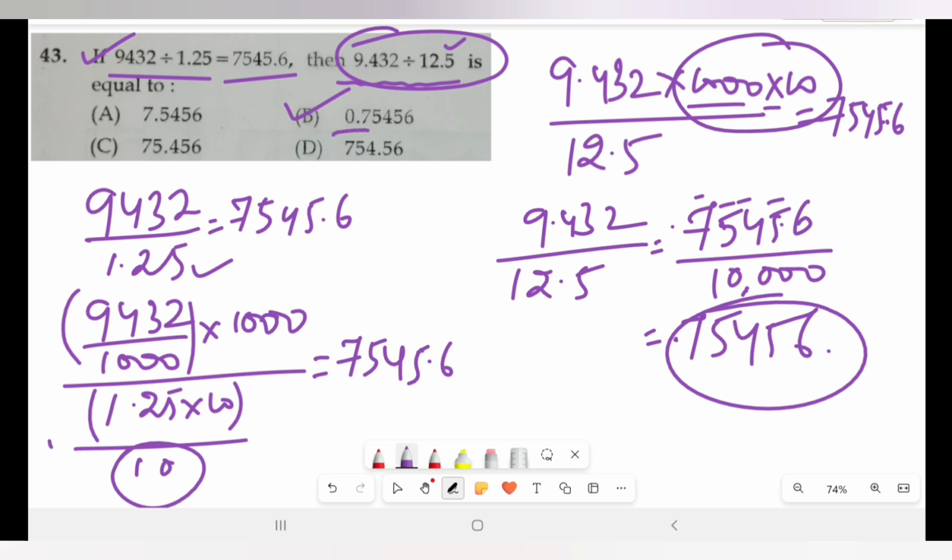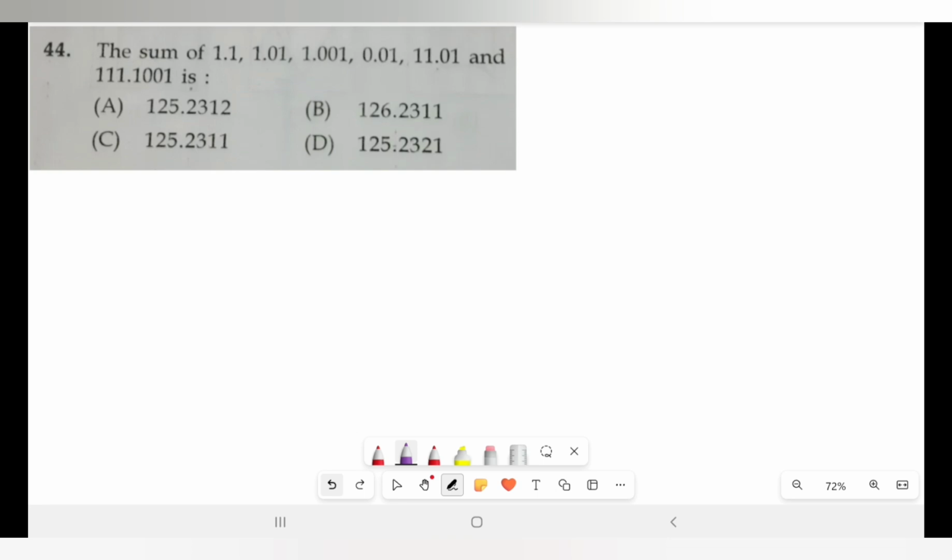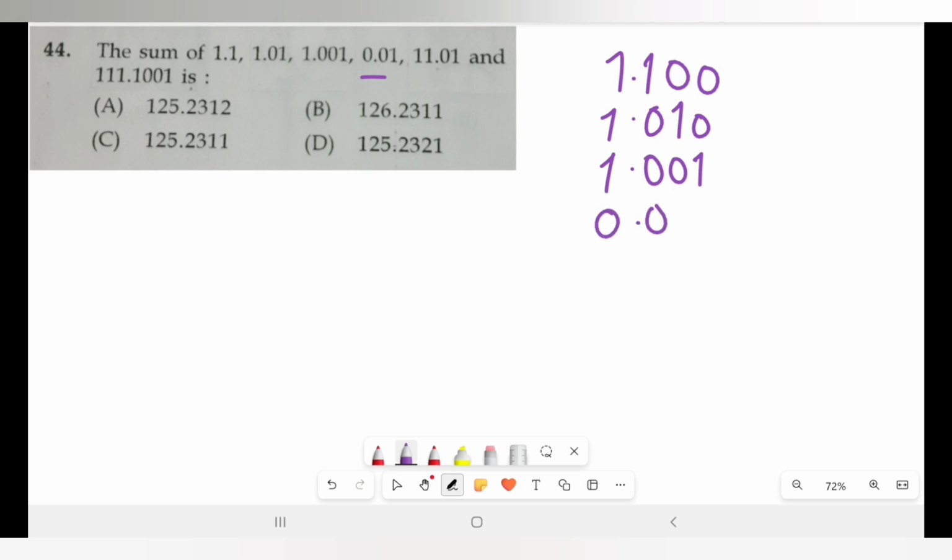Here in this question, what is the sum of the given decimal numbers? You just have to add the decimal numbers, say 1.1, and after that 1.01. Again 1.001, and 0.01, it can be written like this.